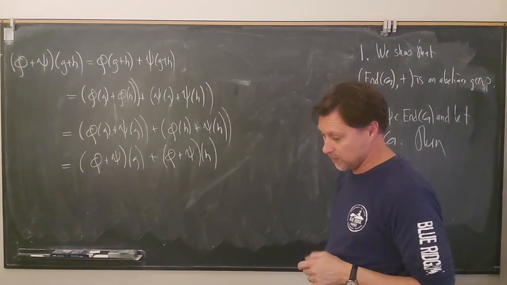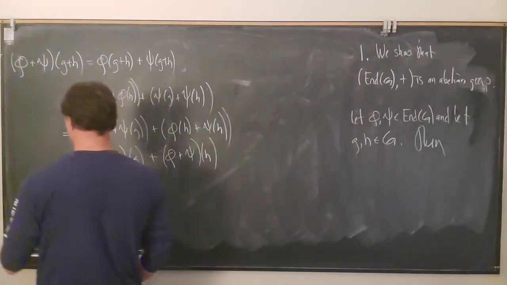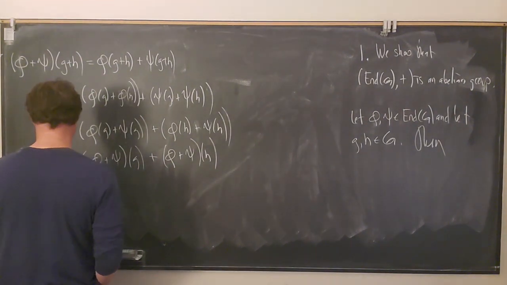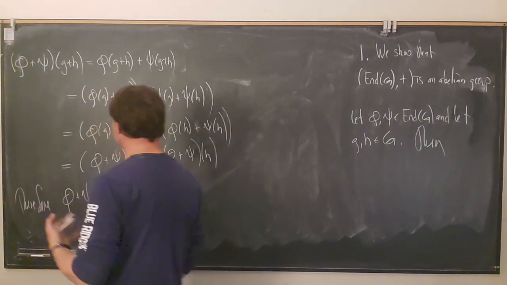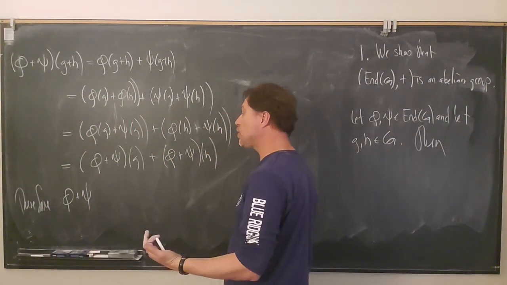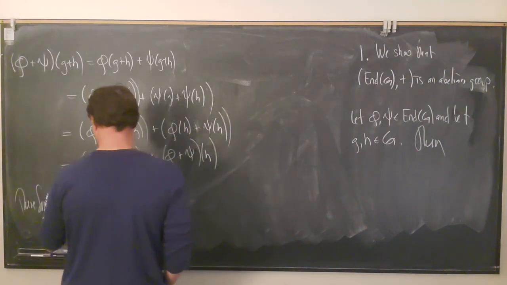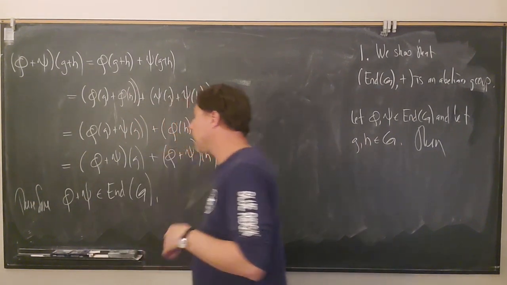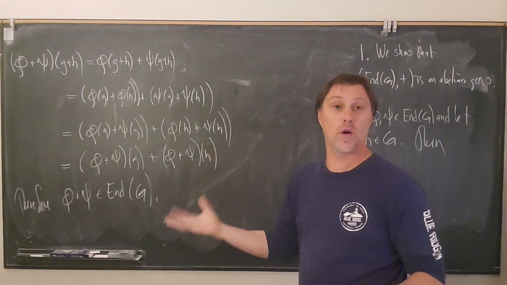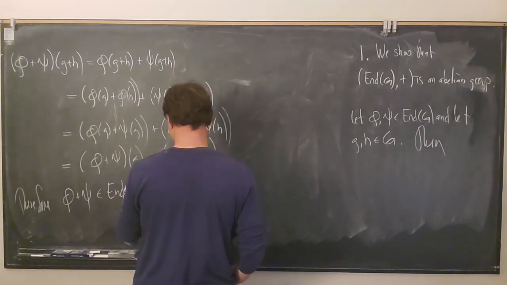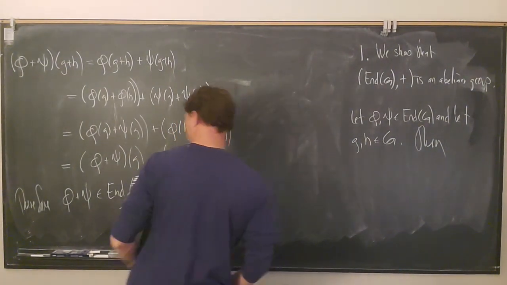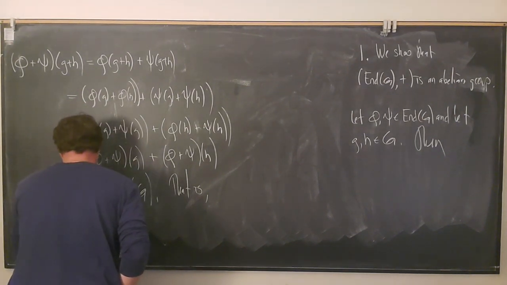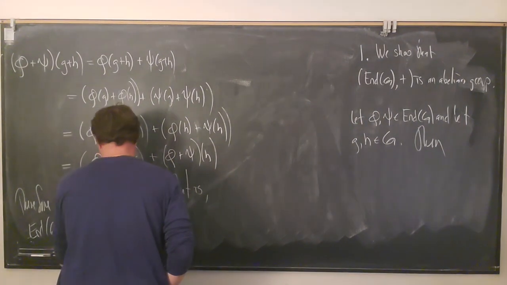So what does that tell us then? Therefore, phi plus psi actually is a homomorphism from G to G, so that means that phi plus psi is an element of End G. In other words, End G is closed under addition. That is, End G is closed under plus.